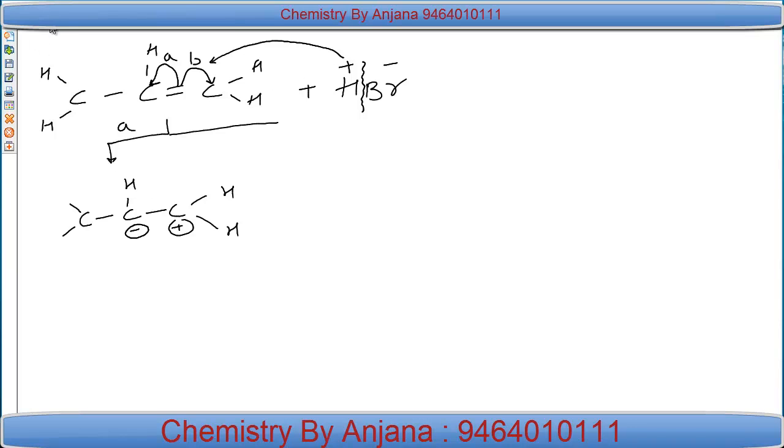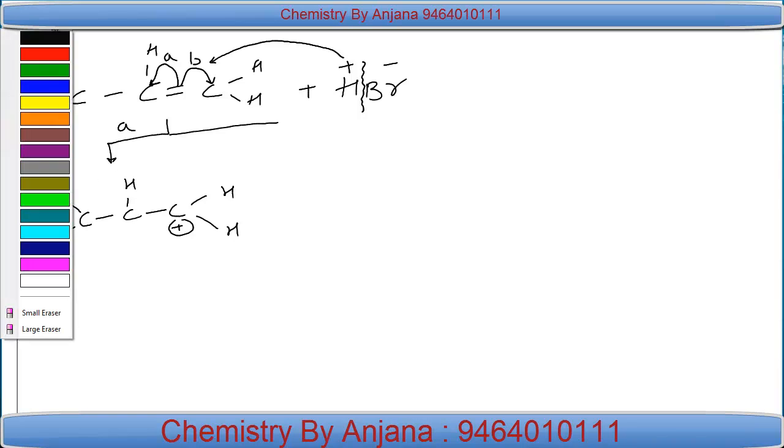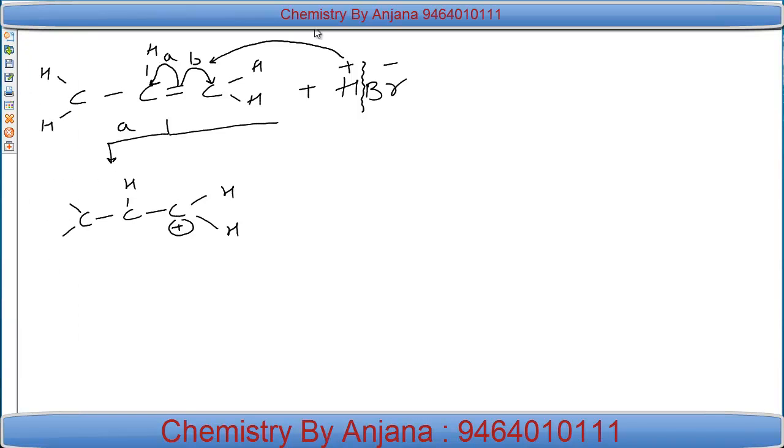So to put that, let me erase now this negative sign, because this negative sign will be neutralized by this H which carries positive charge. तो इसका पॉजिटिव इसका नेगेटिव दोनों ने एक दूसरे को न्यूट्रलाइज कर दिया, एंड द रिजल्ट इज अ कार्बोकेटाइन. कार्बन हैविंग पॉजिटिव चार्ज इज कार्बोकेटाइन.